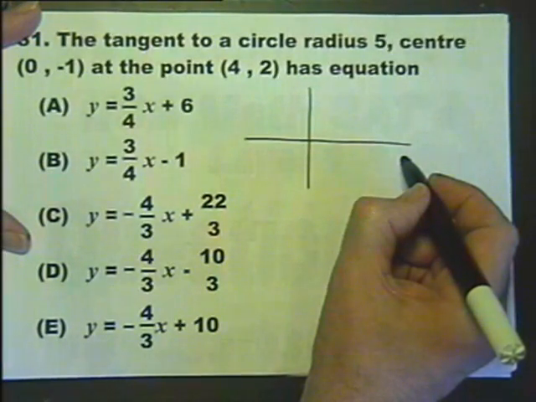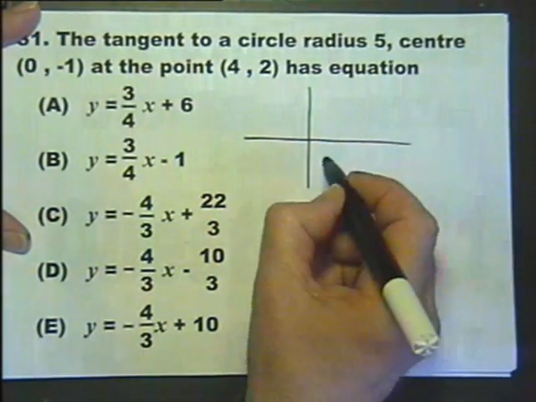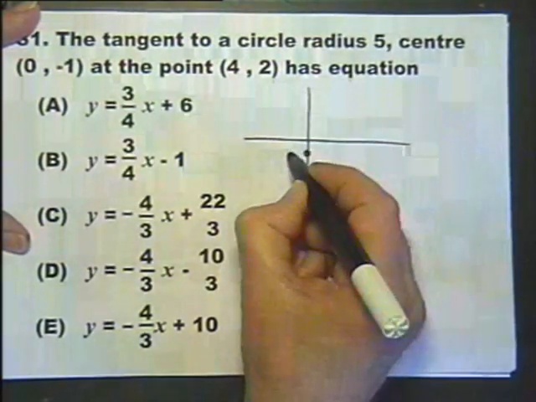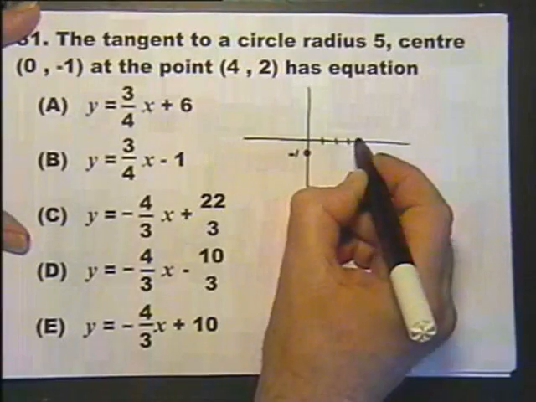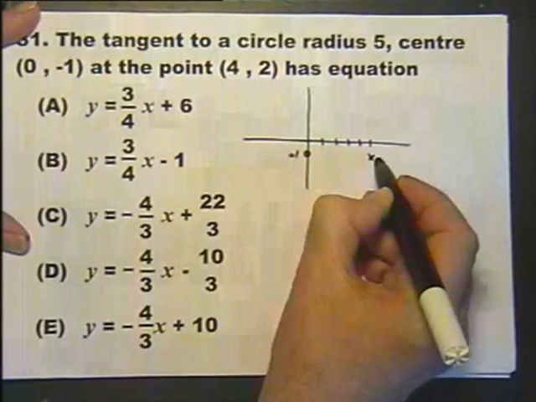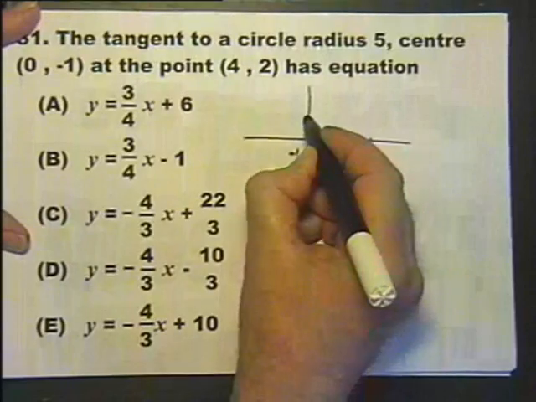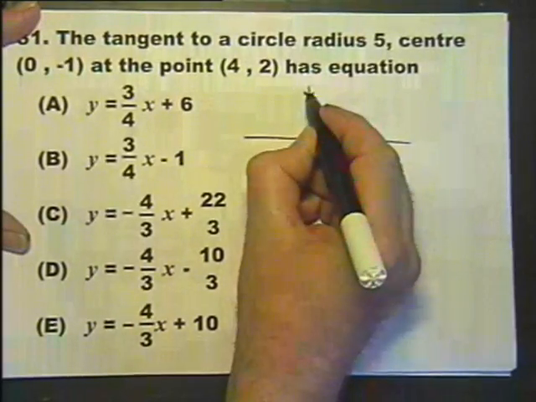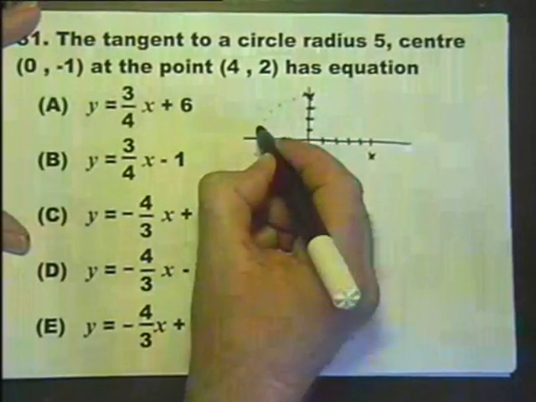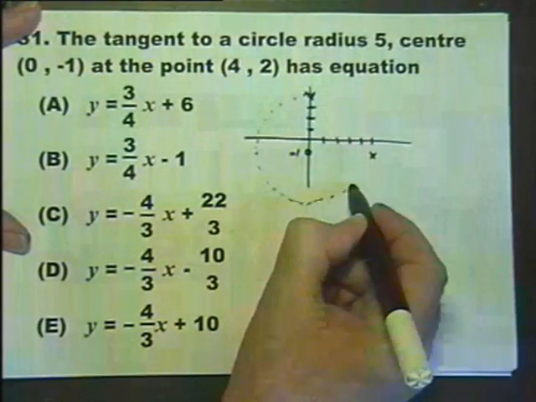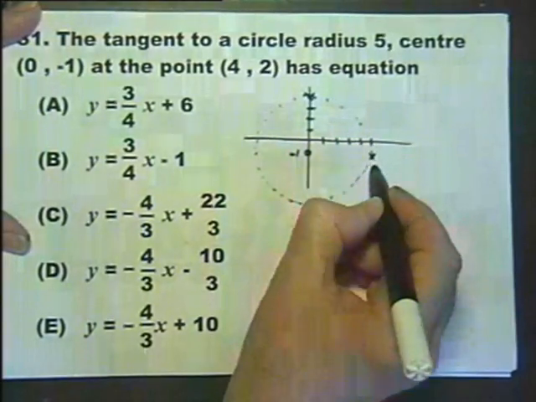So the centre of the circle is at 0, -1, and it's got a radius of 5, so 1, 2, 3, 4, 5, it's got to go through there, and 1, 2, 3, 4, 5, through there. So it's going to go something of this fashion. That'll do, just to get our head round what the question looks like.